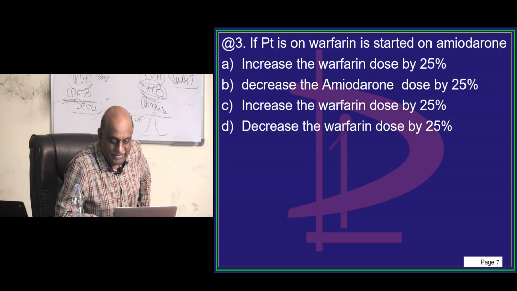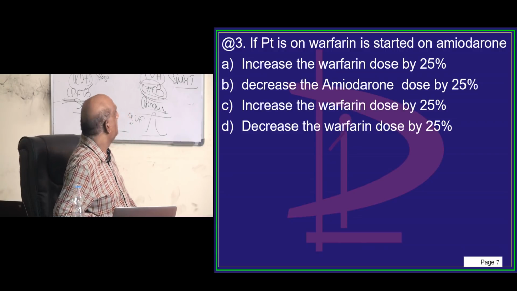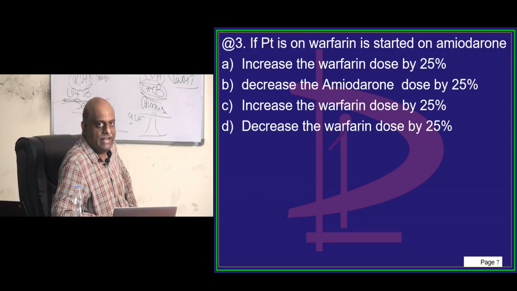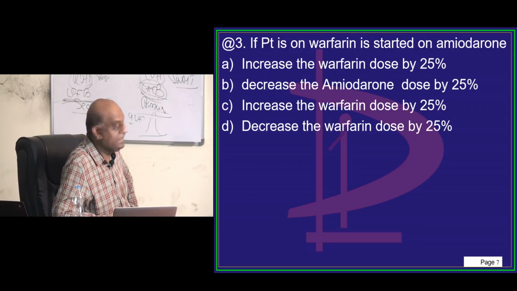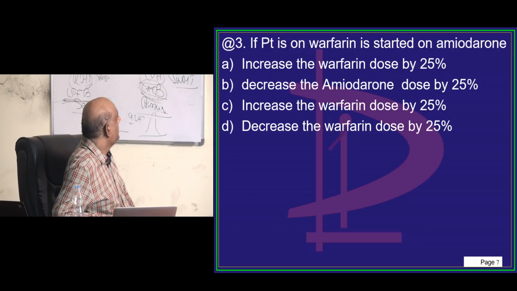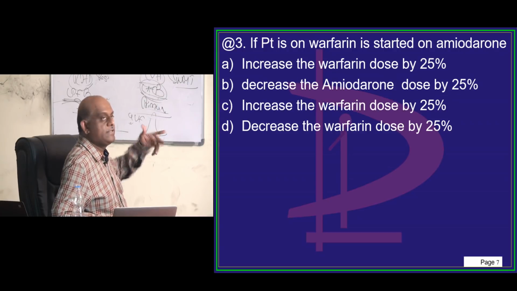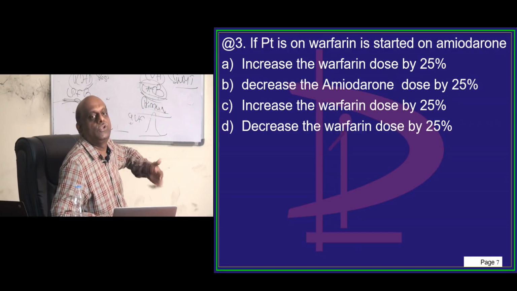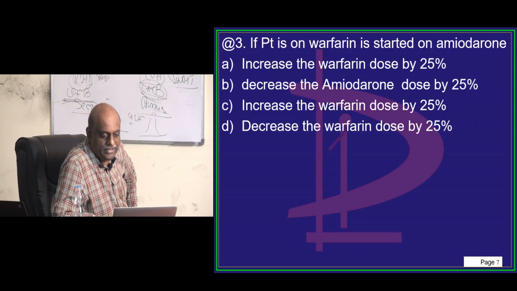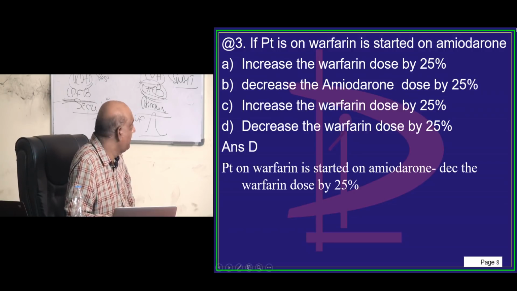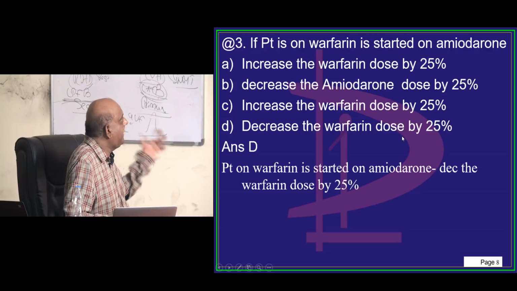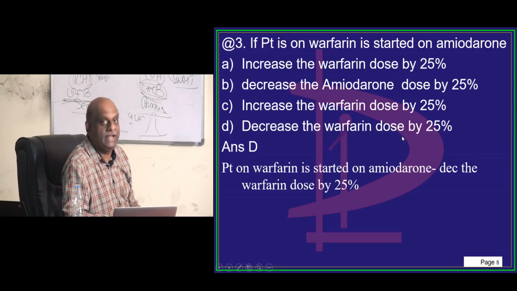Give a classical answer, doctor. Question number 3. You want to increase or decrease? Is it warfarin or amiodarone? Which one do you want to? Is an important question. One loud answer. You need to decrease the warfarin dosage by 25% is what you need to remember.